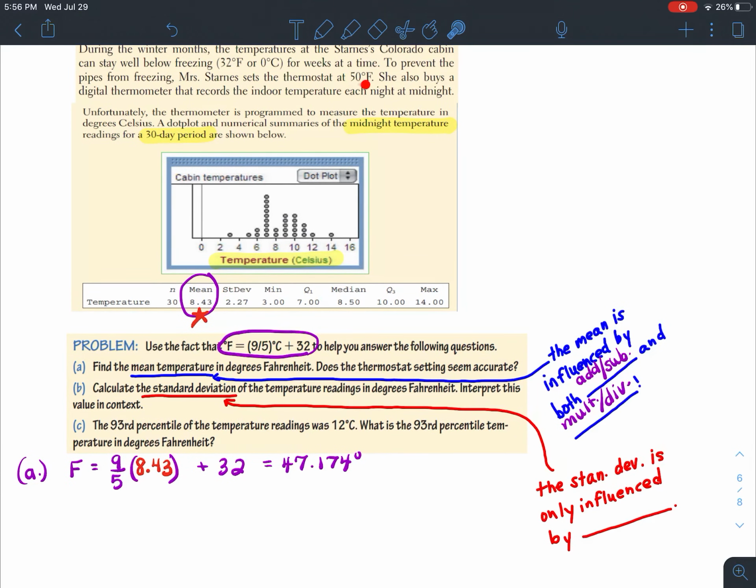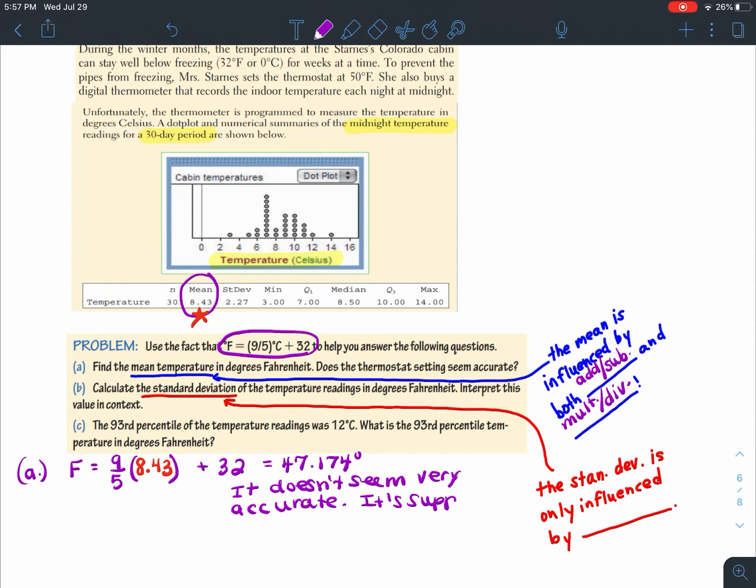Now remember up here, she set it at 50 degrees Fahrenheit, but the readings are coming out on a 30-day period on an average of 47.174 degrees Fahrenheit. So we're going to say, you know what, it doesn't seem very accurate.